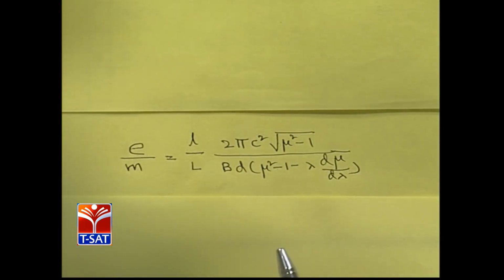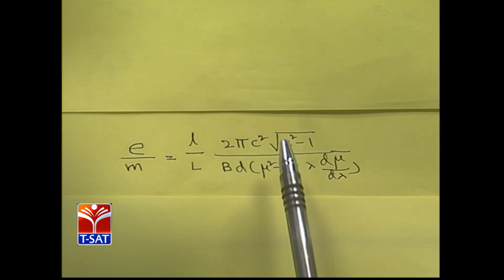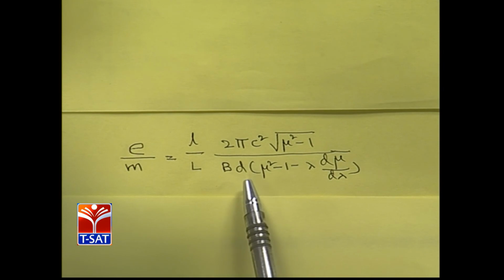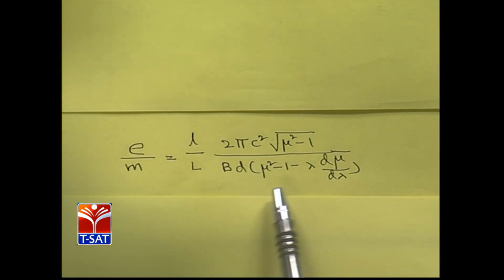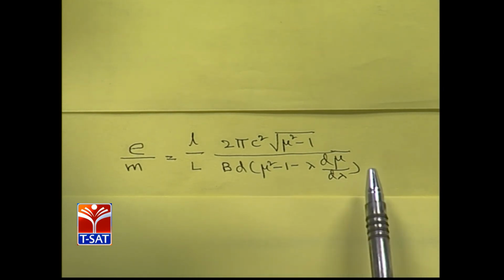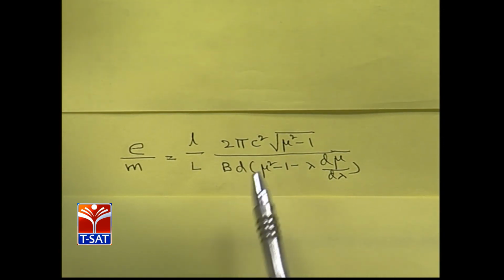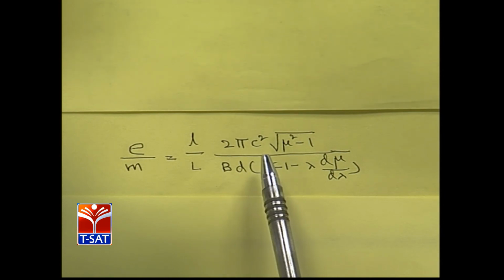Now you see this chart, we are finding a formula. This is the formula for finding e by m of an electron. It is equal to small l by capital L into 2 pi c square root of mu square minus 1, divided by b d, into the bracket mu square minus 1 minus lambda d mu by d lambda. Here l by L we have found from the earlier table, and c is the velocity of light.